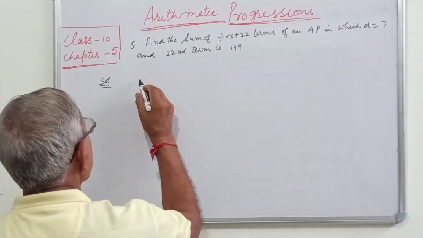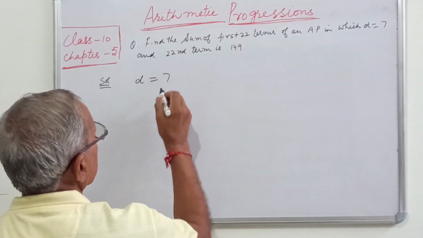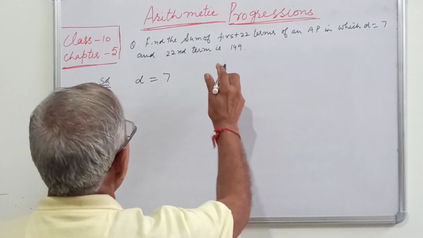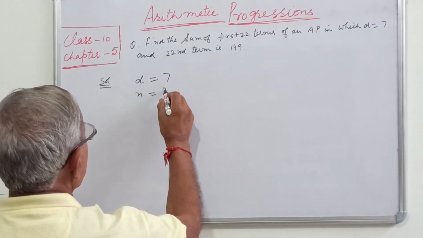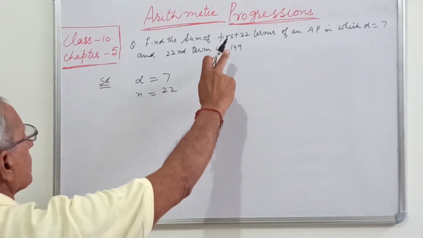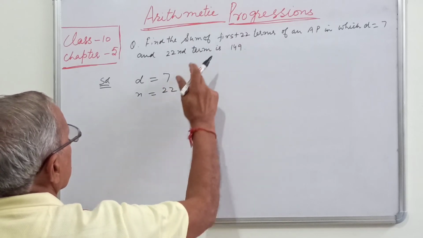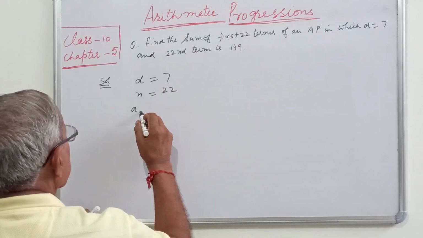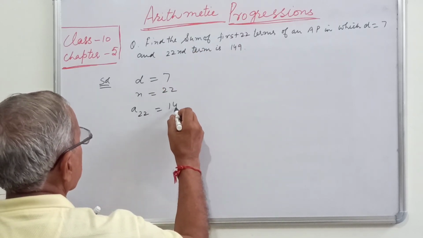So D, any common difference is 7. N is equal to 22. Number of terms are 22 and the A22 is given 149.